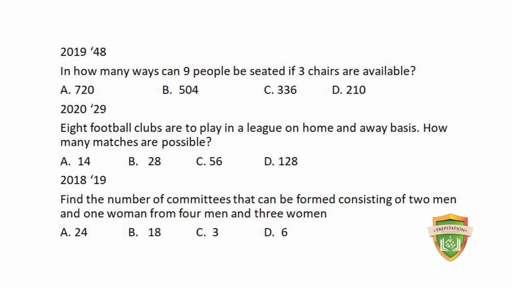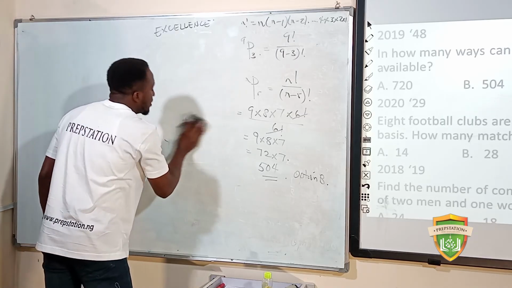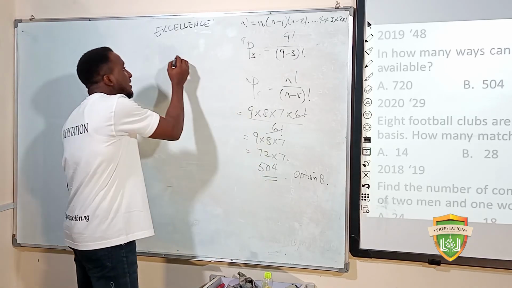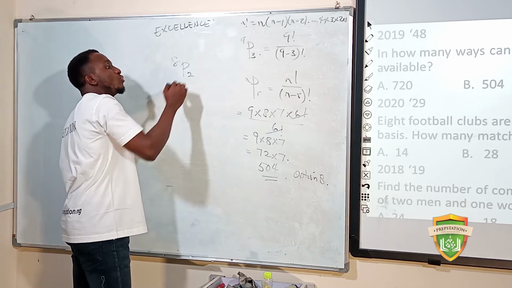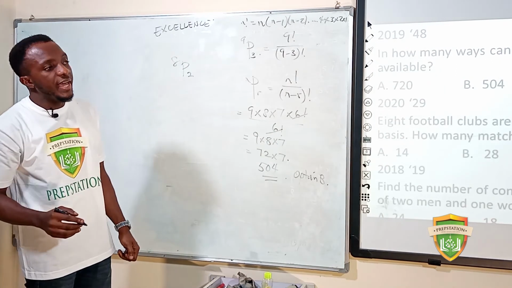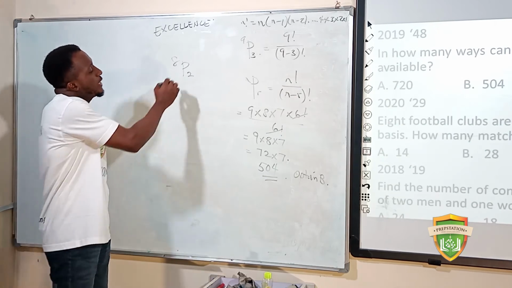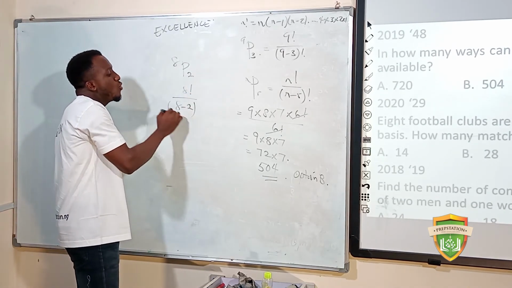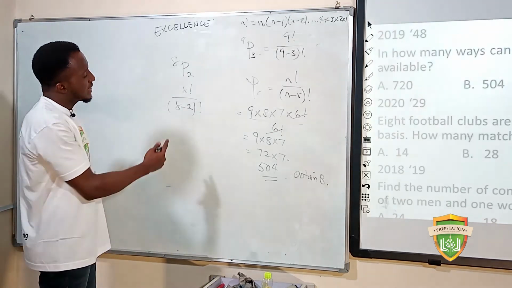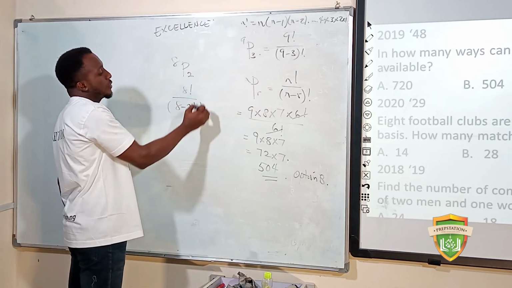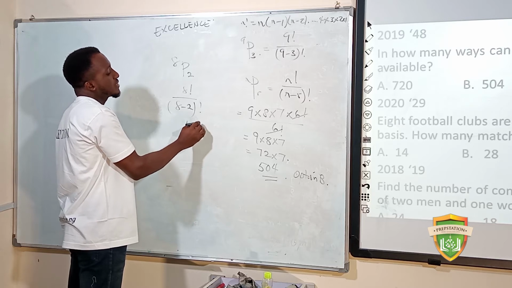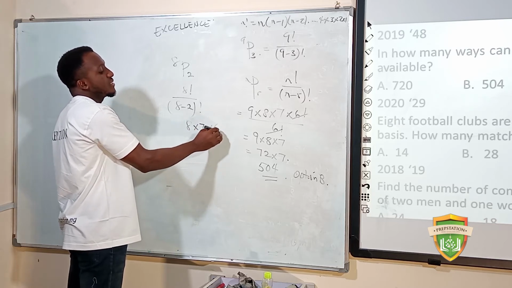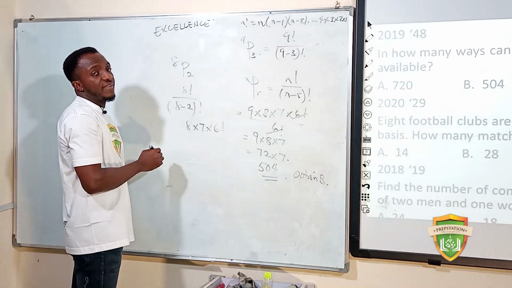Now, this is a permutation question. How many matches are possible? So that is 8 permutation 2. That's what you have. 8 permutation 2 is 8 factorial over 8 minus 2 factorial. Now, 8 factorial is 8 times 7 times 6 factorial.